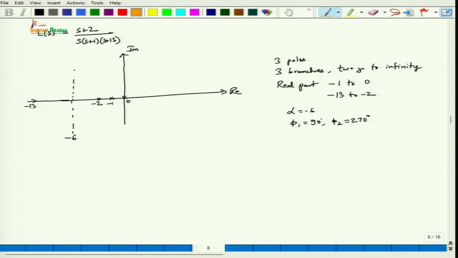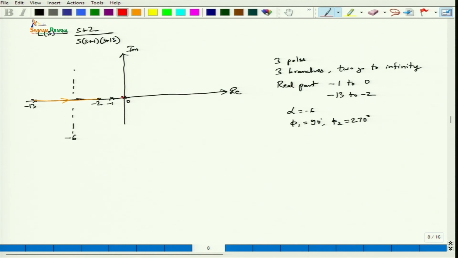So the first branch starts from here, goes all the way up to here. The second branch will start from here and this is the first branch.